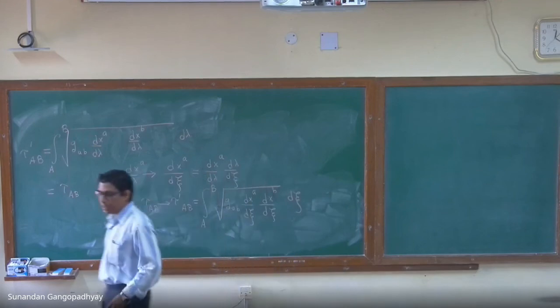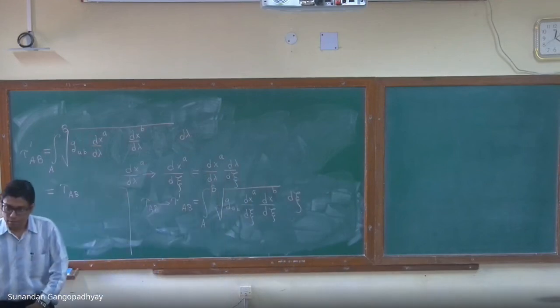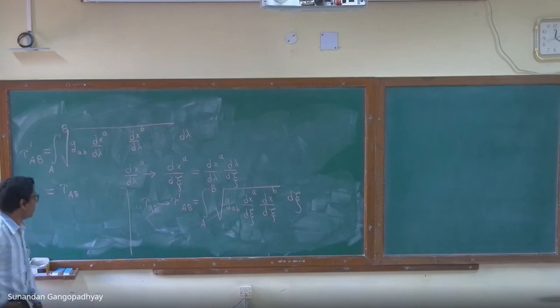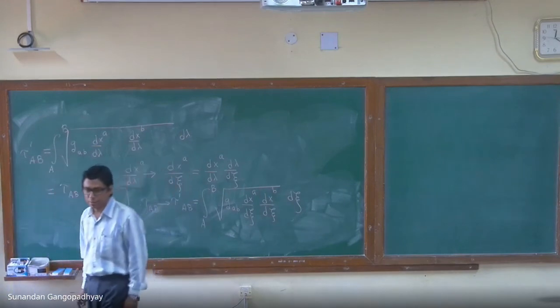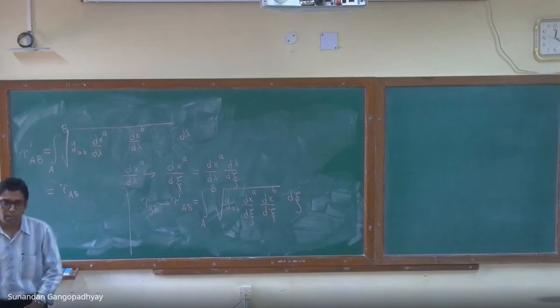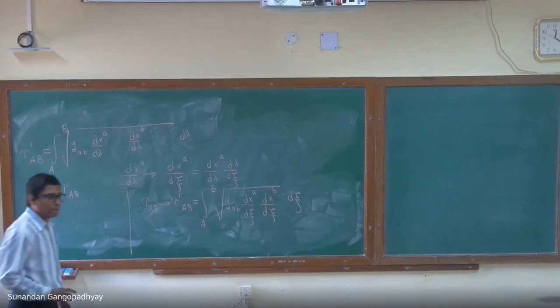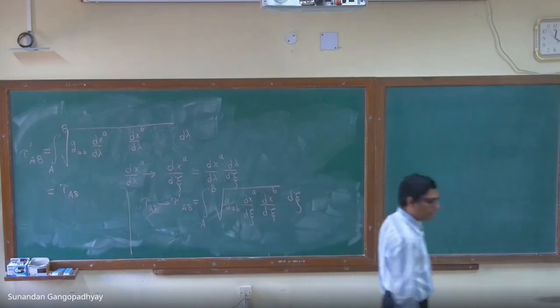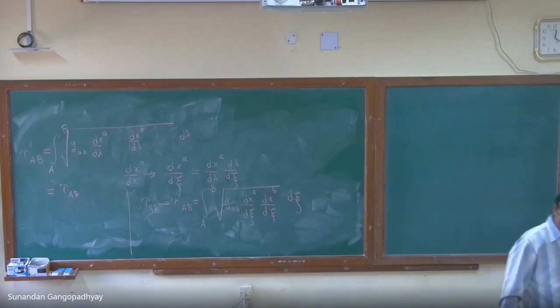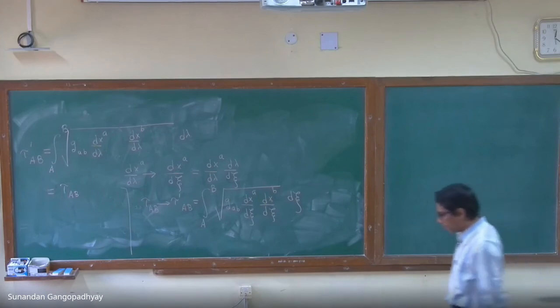So what does this tell us? Invariant. So this tells us that the action that you have is invariant under reparameterization. So it enjoys a symmetry. It is called the reparameterization symmetry. This is something very important that you have.